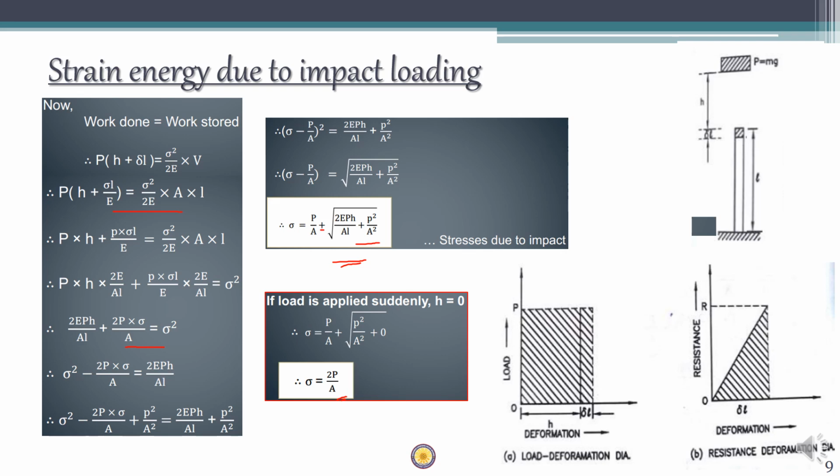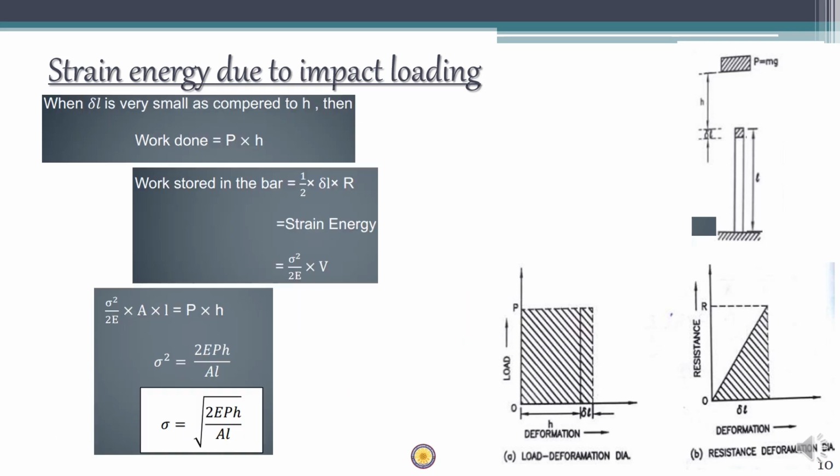Also you can note that in this figure, h is very much higher than the deformation itself. So the work done is mainly contributed by the fall, which is your potential energy P into h. If you neglect this delta L, you can see that work done is equal to P into h, and work stored in the bar, which is strain energy, is sigma square into V divided by 2, right?